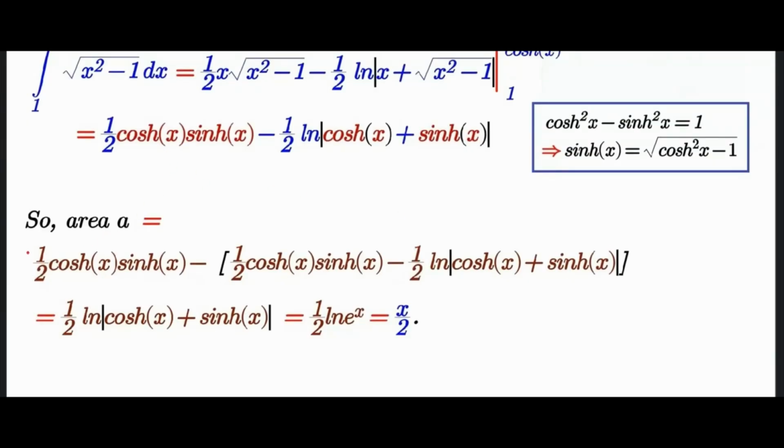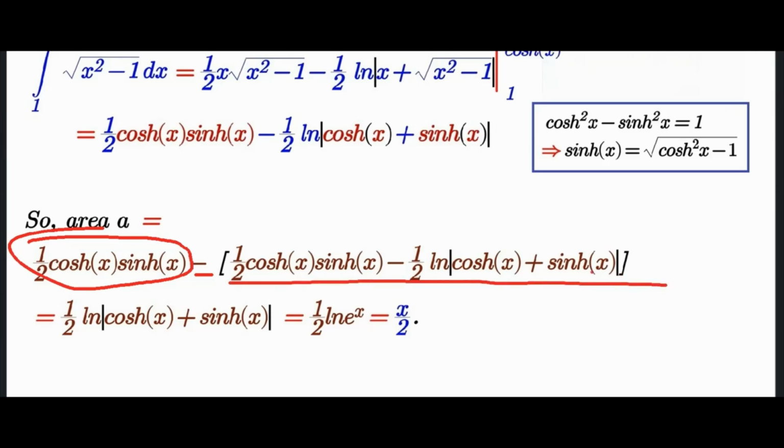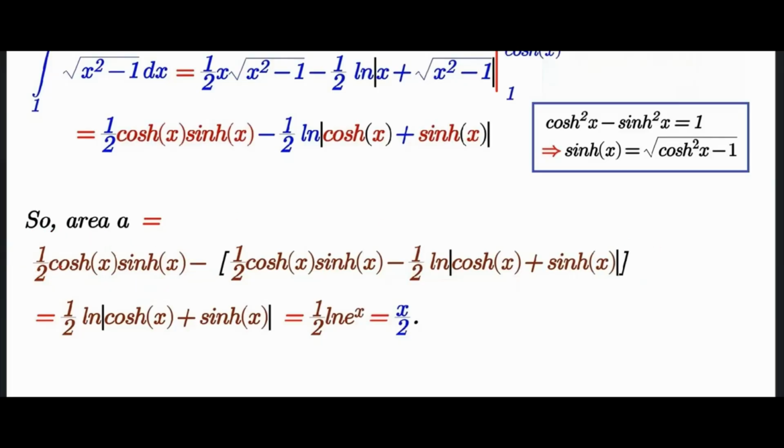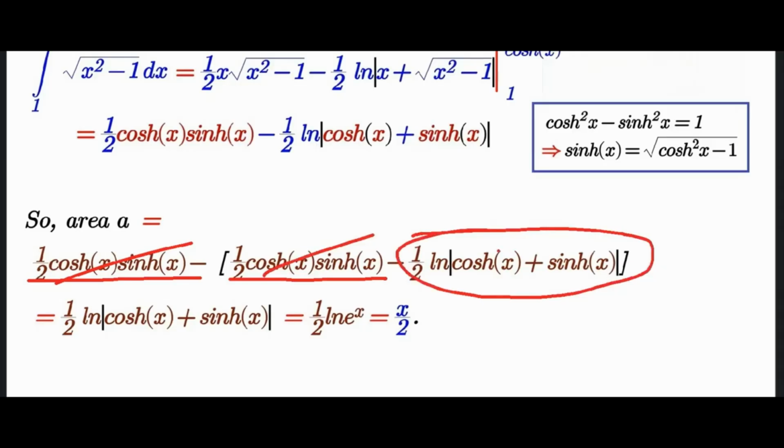Now the triangle area, this is the triangle, and then we're subtracting the orange B area that we just computed from the integral. And notice the triangle area and the first part of what we got from the integral is the same, so these are just going to go away. So we really just have this left.